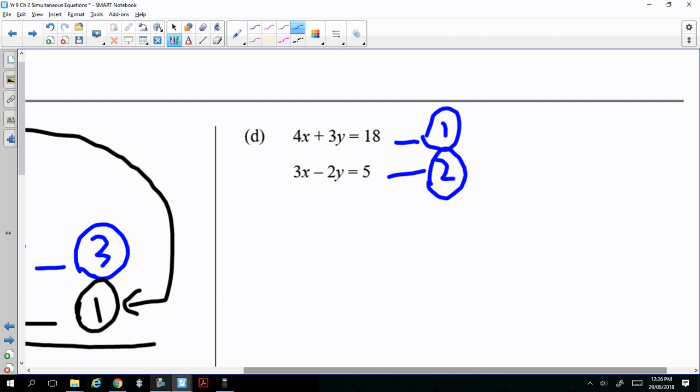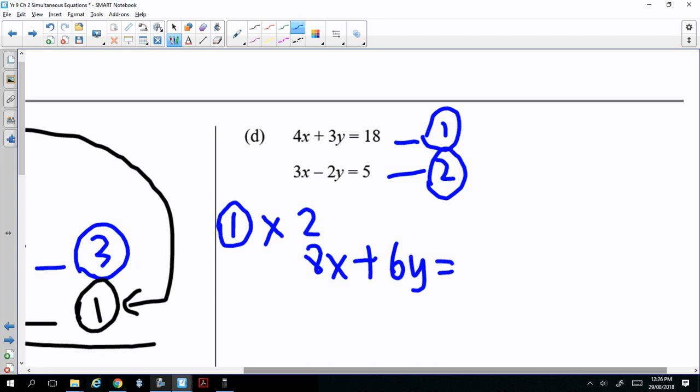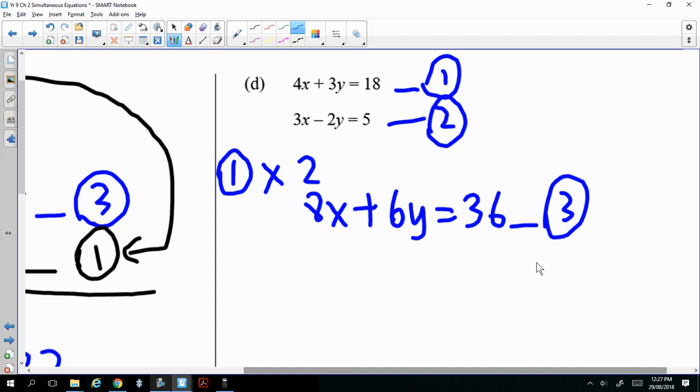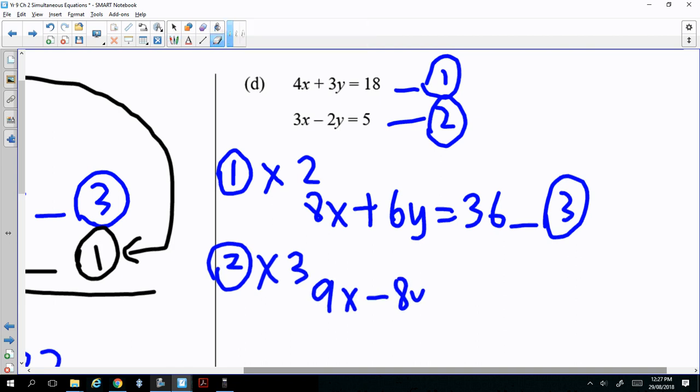You get 8x plus 6y equal to 36, call that number 3, and then times number 2 by 3, which is 9x minus 6y equal to 15, number 4.